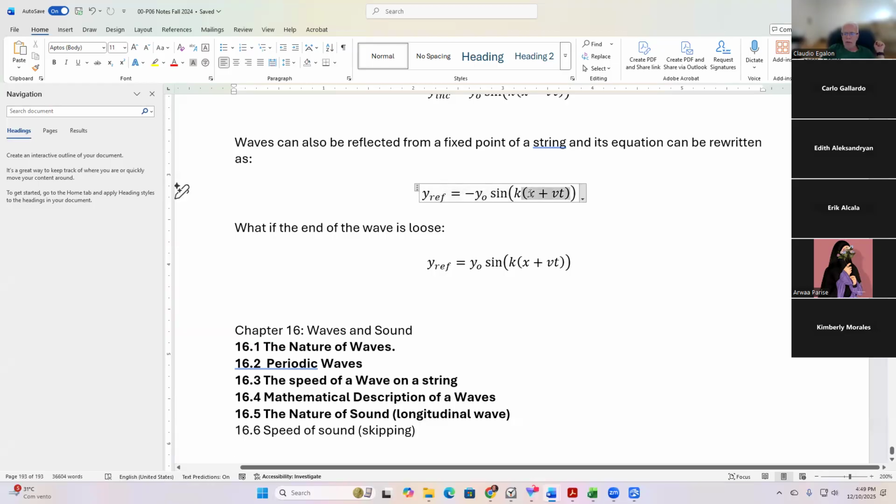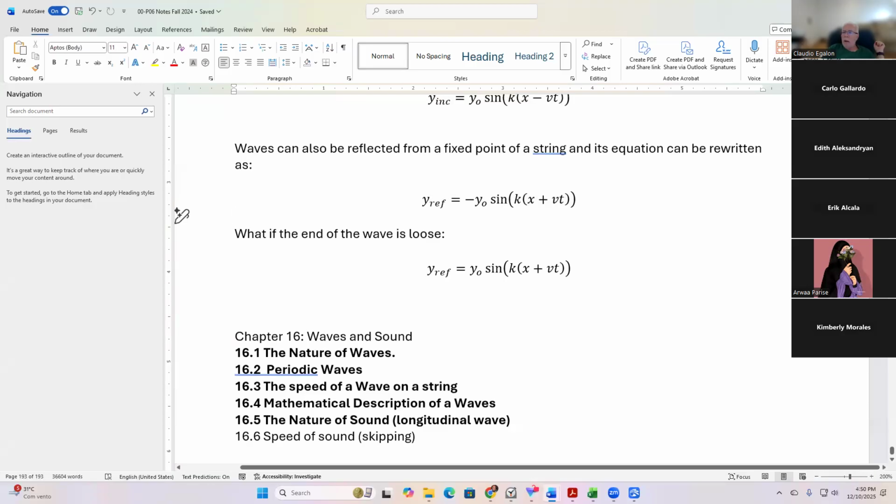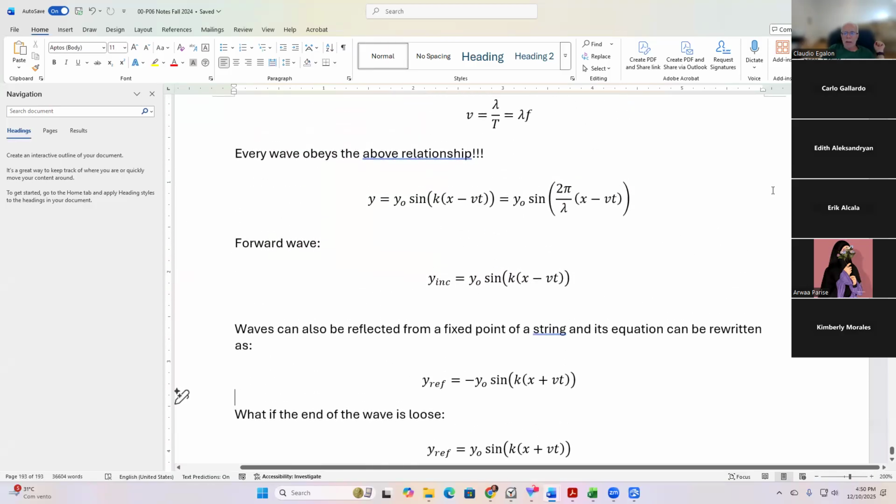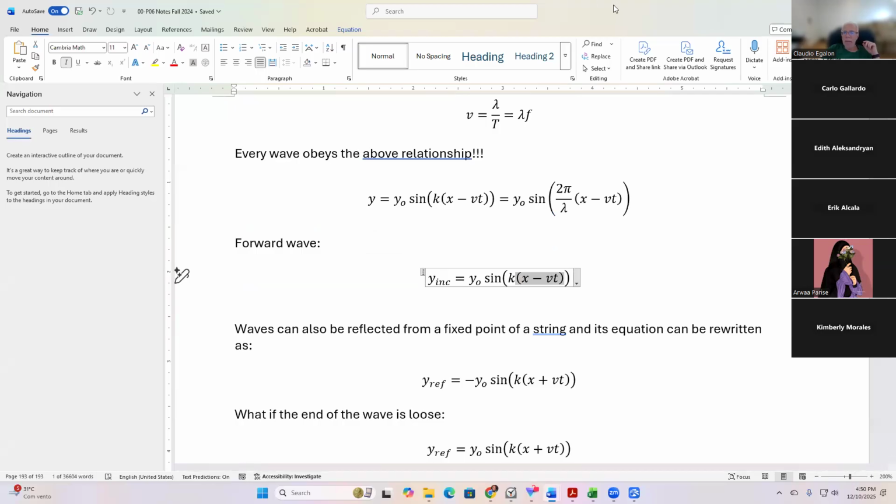I prefer this format, because it's very intuitive. I didn't cover that yet, but I prefer this format because x minus or plus vt tells you a lot about the equations in kinematics that we learned.